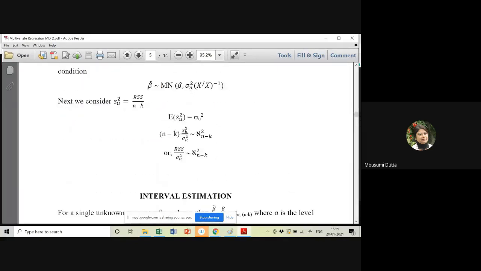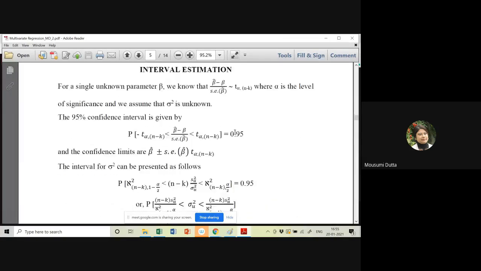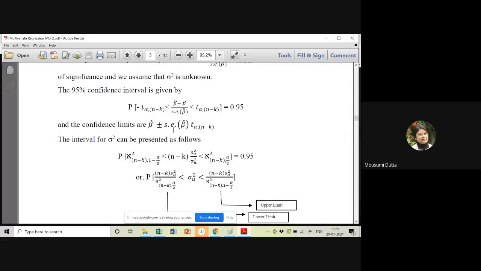That is, we are considering the square root of this entire matrix, sigma u square (X prime X) inverse, into t alpha by 2, n minus k. So the entire proposition will remain unchanged, only a single element will be replaced by a vector, and the standard error will be replaced by the entire standard error matrix of beta hat.